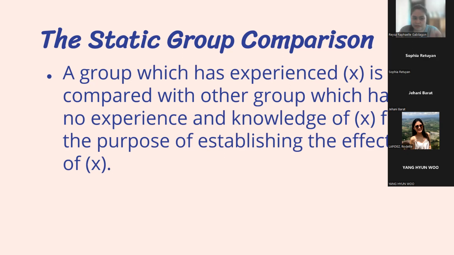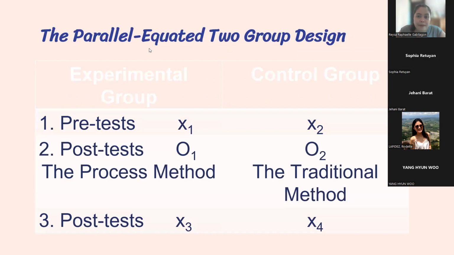So, itetest natin, example, yung level of knowledge nila over about an information or about a topic. So, i-check natin kung effective ba yung training or hindi. That's static group comparison. Okay? So, wala kang binigay sa other group. Wala siyang training, whatever, wala. Diretso na silang iti-test. We call that static group comparison.